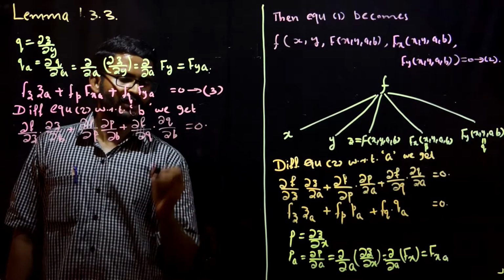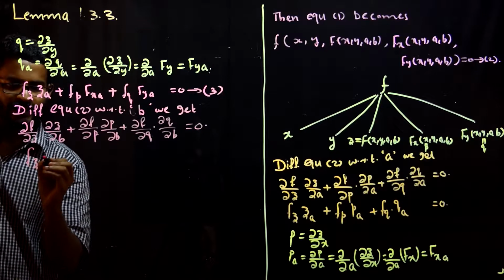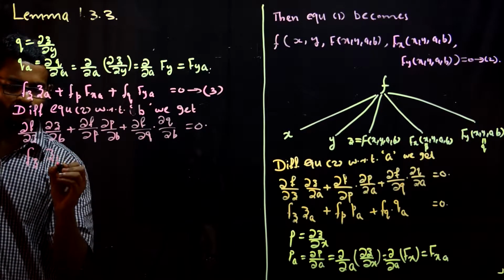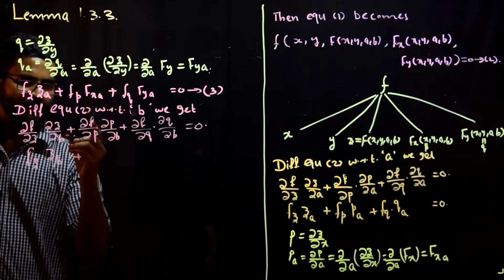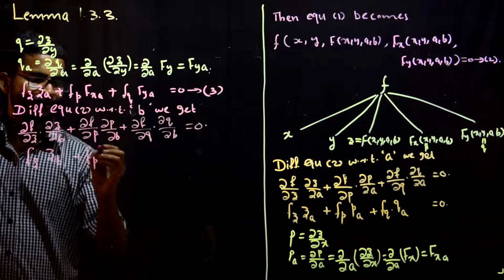This is f_z into z_b plus this is f_p into p_b plus f_q into q_b equal to 0.